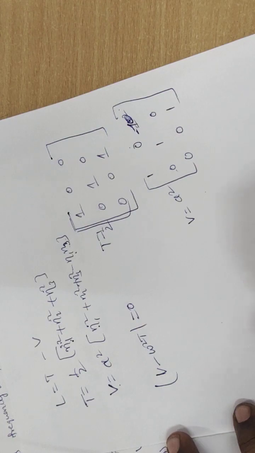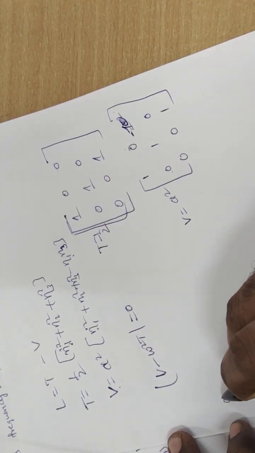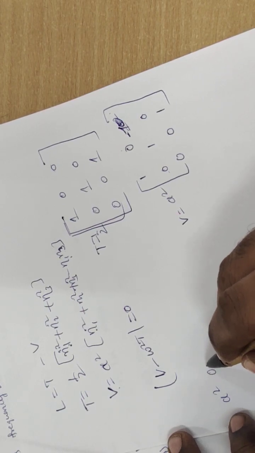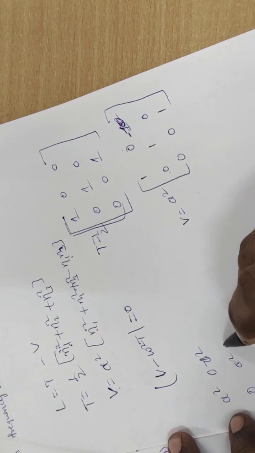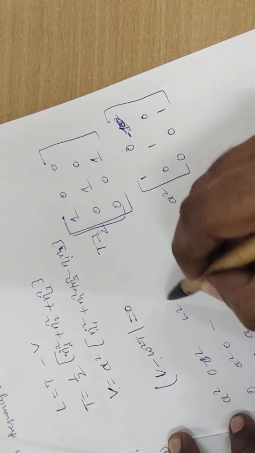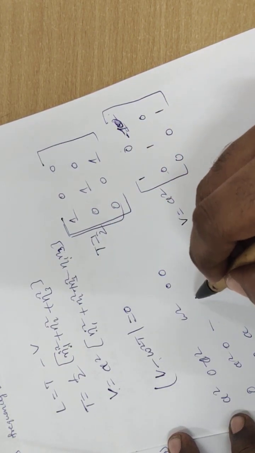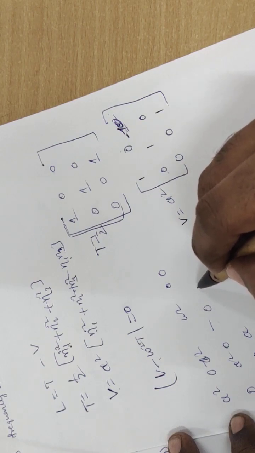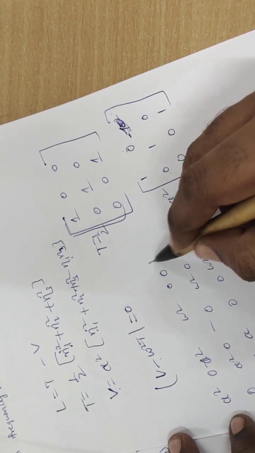Now if you substitute and write like this, you will get the matrix with alpha square, 0, minus 1 minus alpha square, 0, alpha square, 0, 0, 0, alpha square, minus omega square times the matrix 0 0 and 0 omega square 0 and 0 0 omega square.